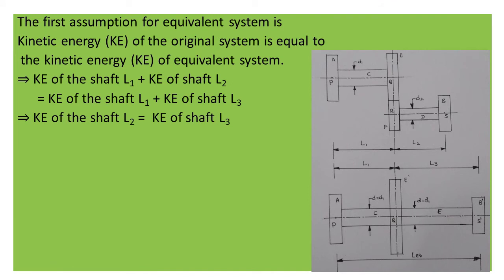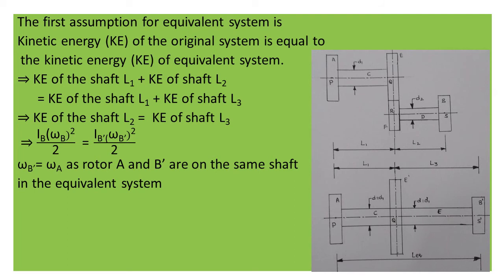It implies KE of shaft L2 equals KE of shaft L3. It implies IB omega B square by 2 equals IB dash omega B dash square by 2.